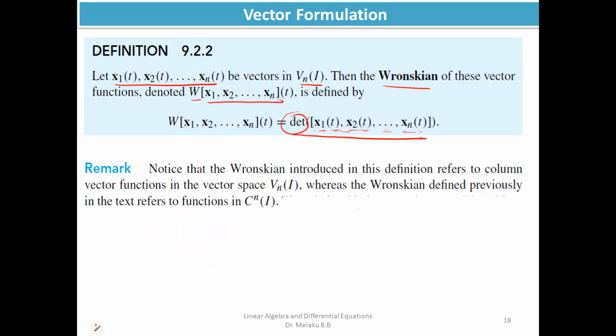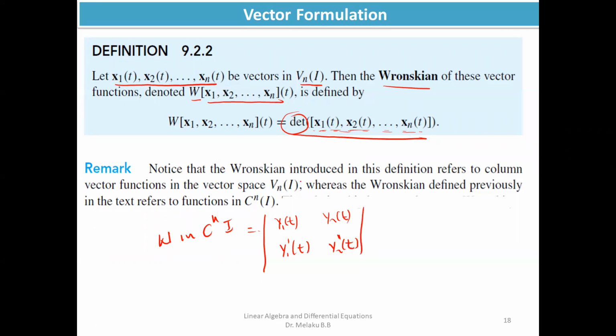If you remember, in that case the Wronskian was simply defined as the determinant of some solution y1 of t and its derivative, y2 of t and its derivative.